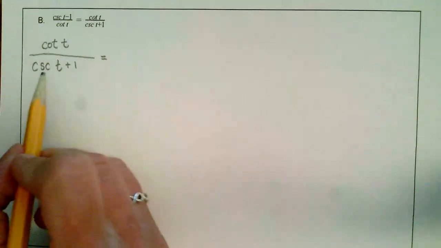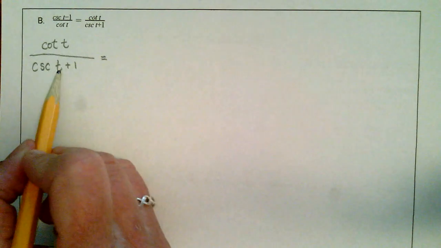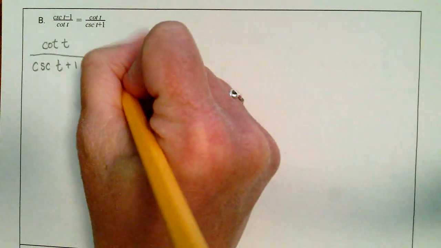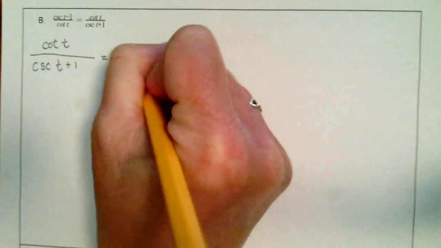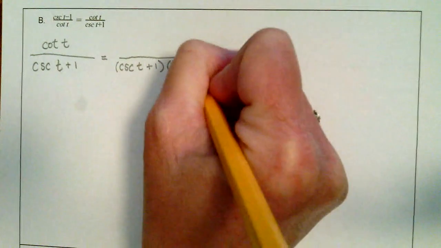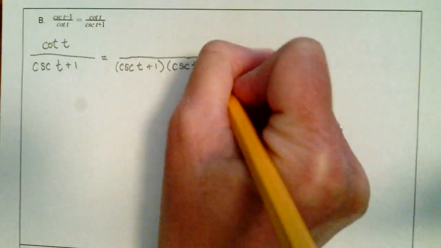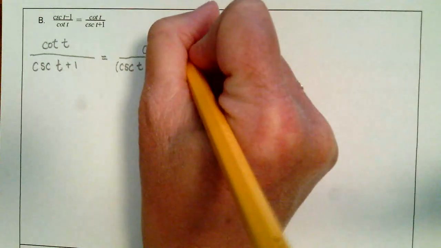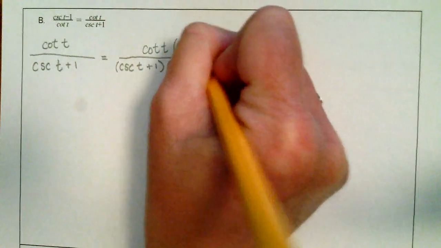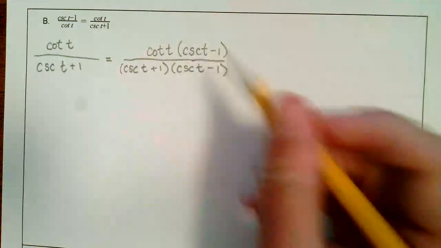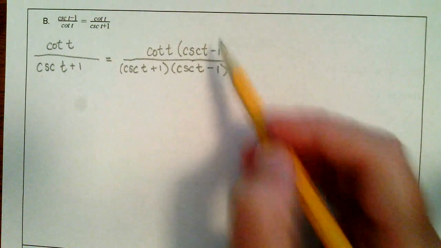Okay, and now, since I see cosecant t plus 1, whenever I see a function plus 1, it's a clue to me that I want to try to multiply by the conjugate. And remember, whatever I multiply the bottom by, I also need to multiply the top by, because then that's like I'm multiplying by 1.